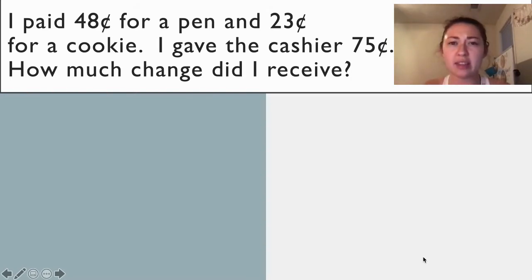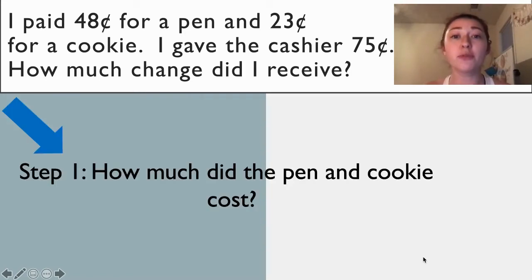You're adding them all together, exactly. So you want to add 48 and 23 to figure out how much money you are spending on this pen and this cookie.